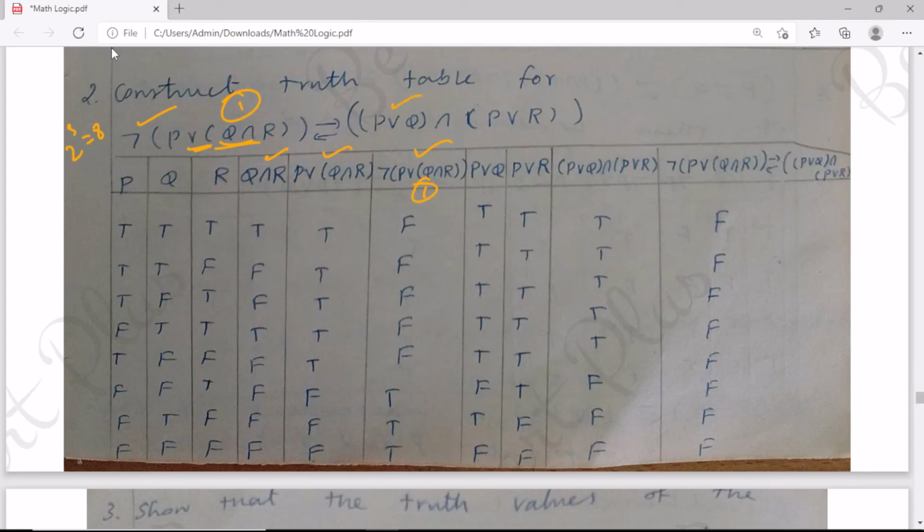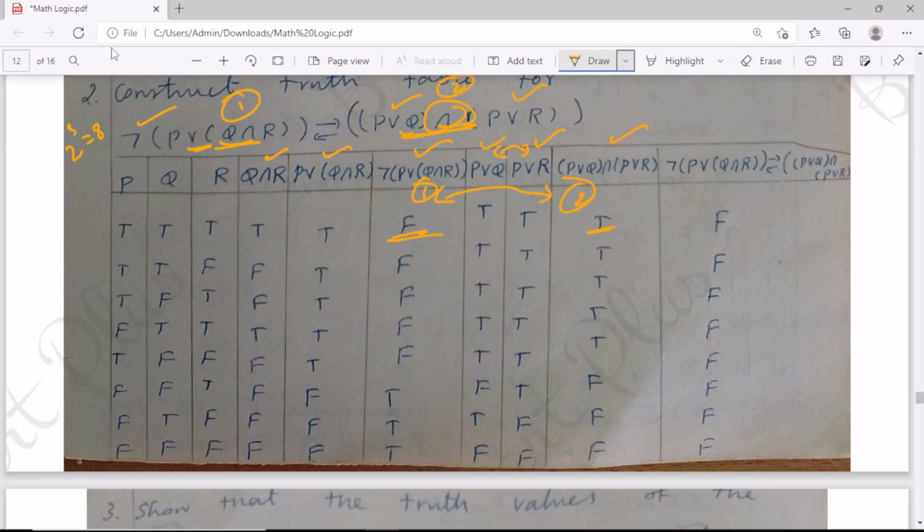Now the right hand side. There we first calculate P or Q and then P or R. Next we apply the conjunction between these two, and you get this one. This is your second one, so the right hand side is also done. Now we take the biconditional between 1 and 2. Biconditional means both of them must have the same truth value, then only you have true, otherwise false.